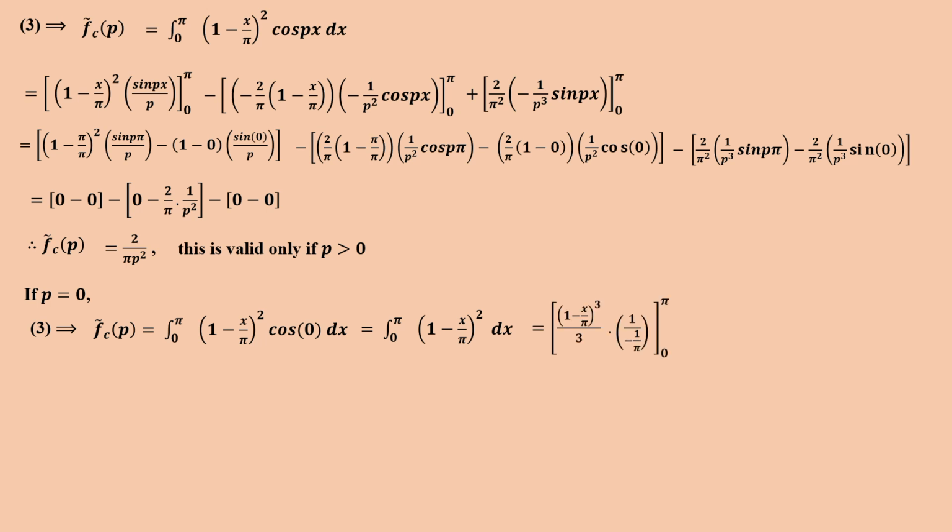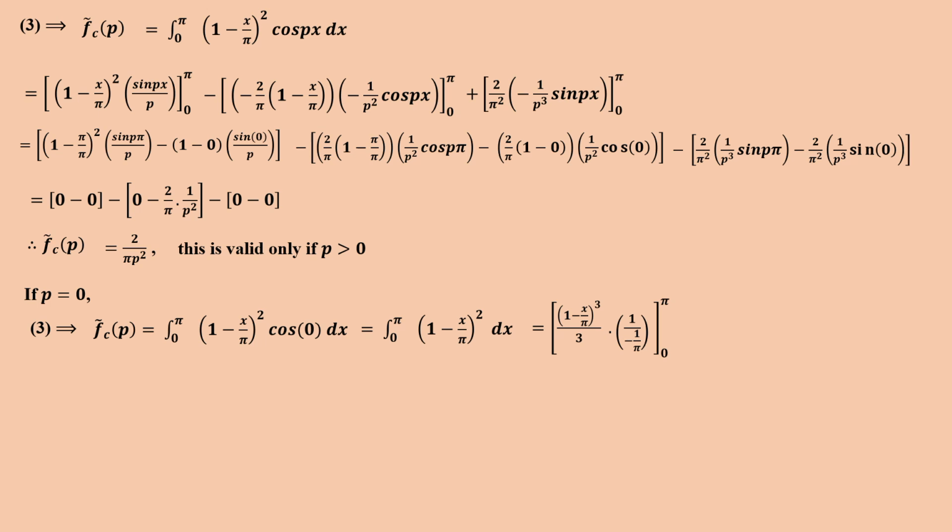So (1 - x/π)³ / 3 into 1/(-1/π). We know the integral of (ax + b)ⁿ is (ax + b)ⁿ⁺¹ / (n + 1).